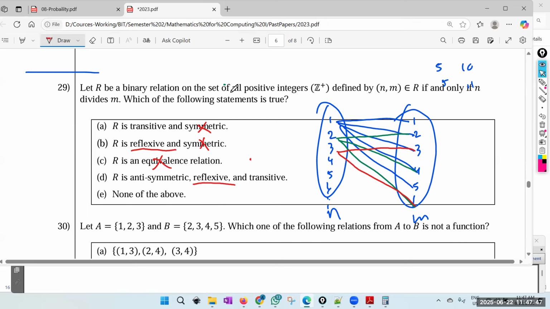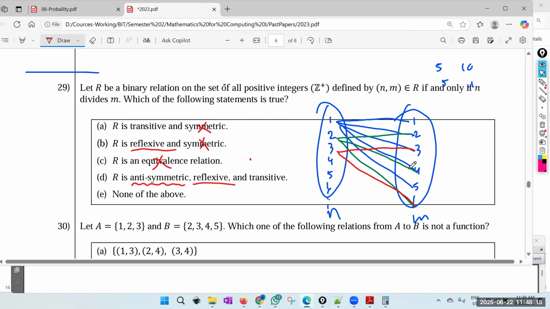If 5 divides 10, 10 doesn't divide 5. So this looks okay for me. Antisymmetric. Remember, when we look at antisymmetric, we forget about the reflexivity.